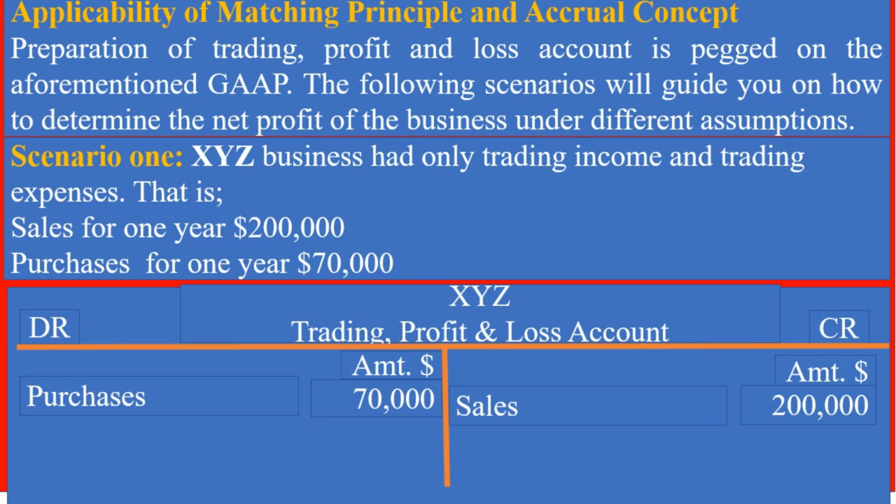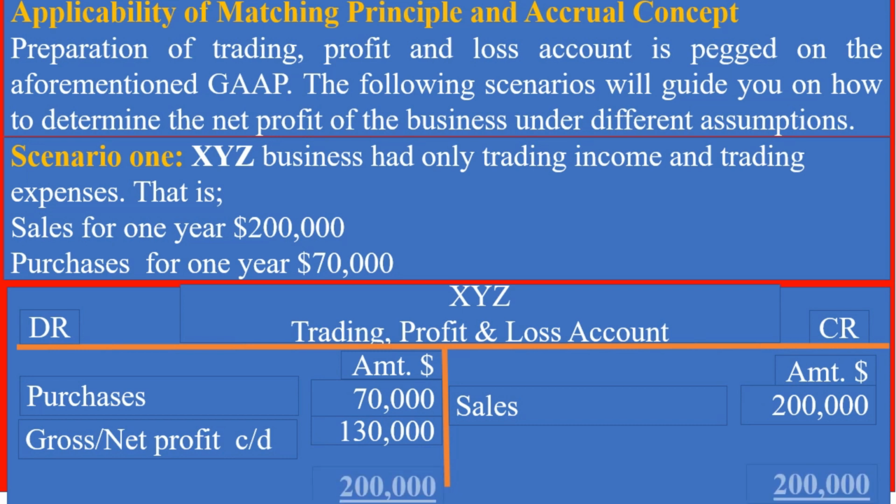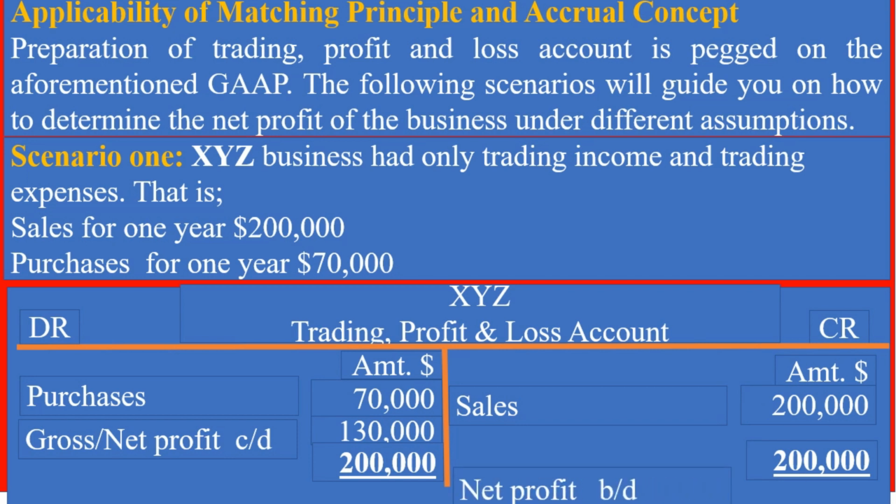So the difference between the two, that's 200,000 less 70,000, is a clean 130,000. Now this represents the gross profit of the business, and therefore the gross profit will be carried down as c/d to balance the two sides, that is 130,000, which again is recorded on the credit side as net profit brought down of 130,000.